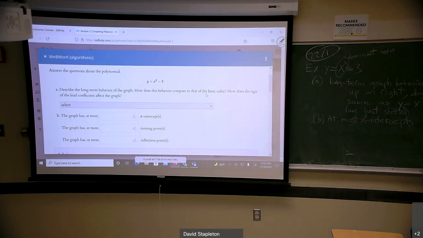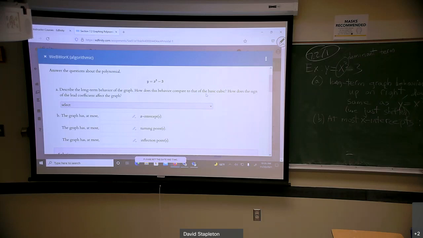Now, the truth is it can only intersect it 2 times here because of the way the graph is. But the question is not asking that, and listening to this is important for the homework. When it asks what's the most x-intercepts it can have, it means for a generic cubic.